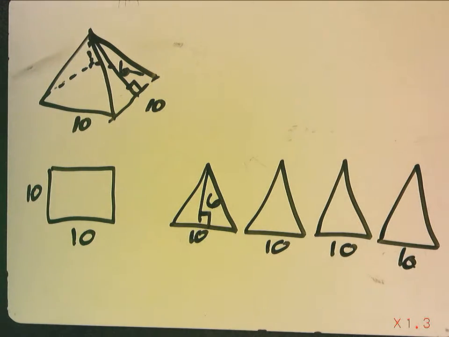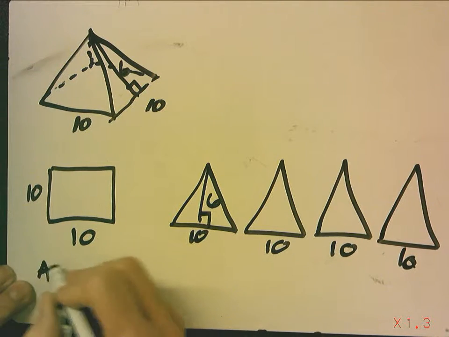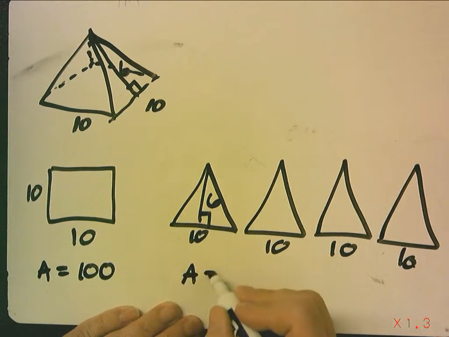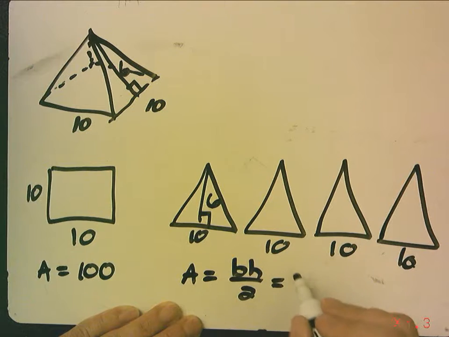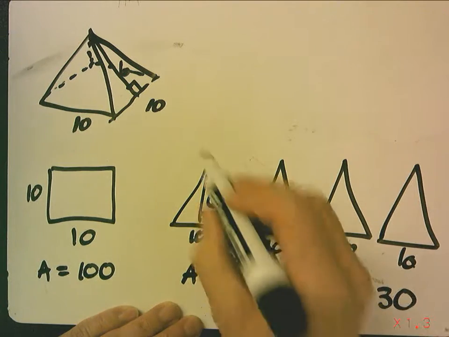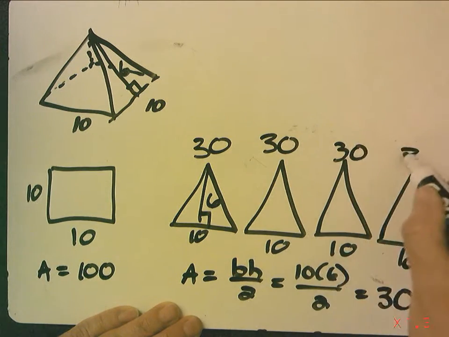Now, to get the area of a square, area equals length times width, so this is 100. To get the area of a triangle, I do base times height divided by 2. So this is 10 times 6 divided by 2, which is 30. But I have 4 that measure 30.